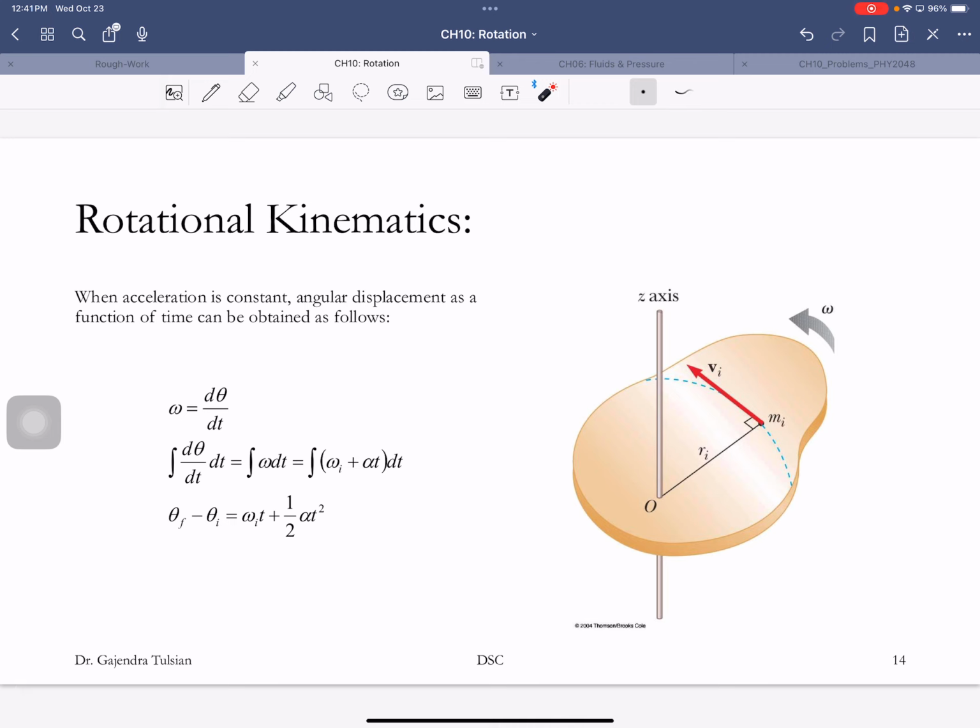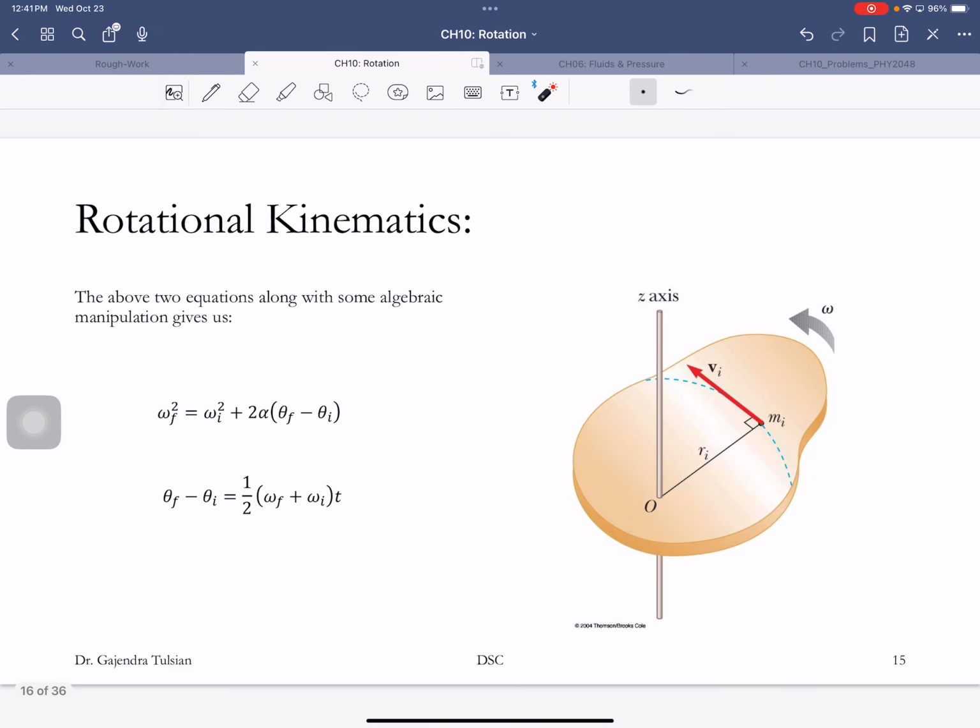This formula gives you the angular displacement, or you can also think of this as giving you the position. Theta as a function of time is a quadratic function of time. So the angular position is a quadratic function of time.